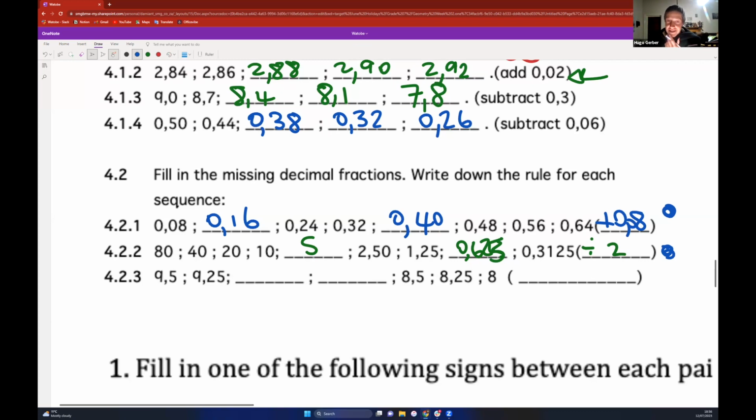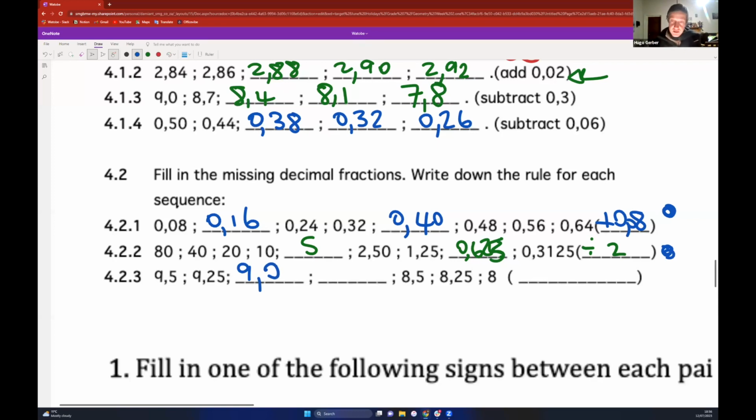Help me. So it's going to be 9.5 and 9.25, 9.35, 9.45. Wait, slow down. 9.5, 9.25, and then 9.35. It's going smaller. I give up. No, it's going to be 9, comma 0.